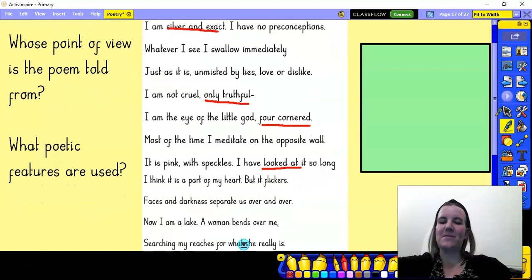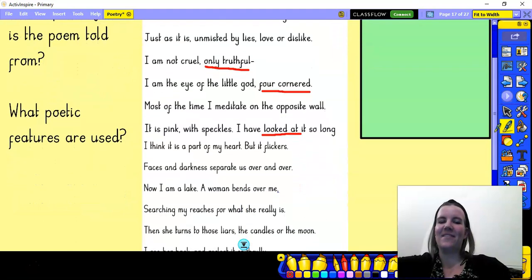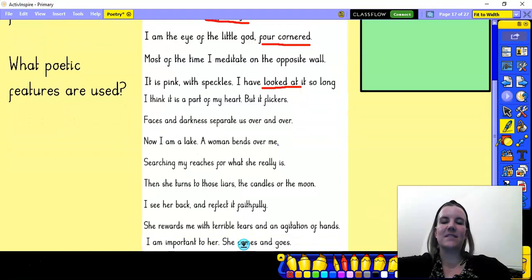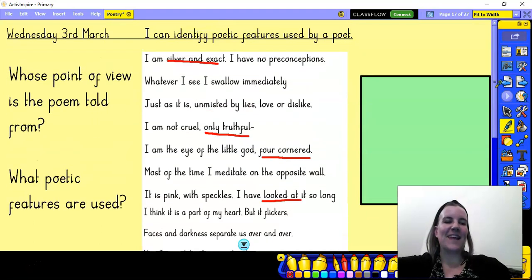I think I'm getting closer to being able to figure it out. Something that somebody else looks at, and it says it reflects quite a lot. Have you figured it out?